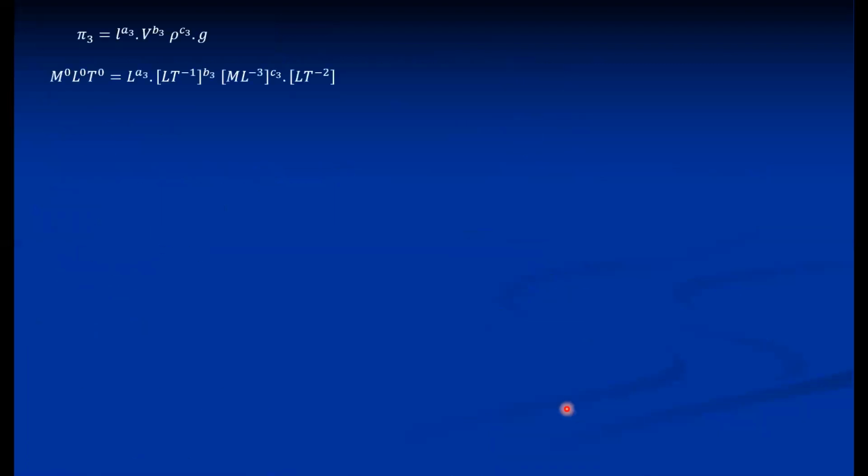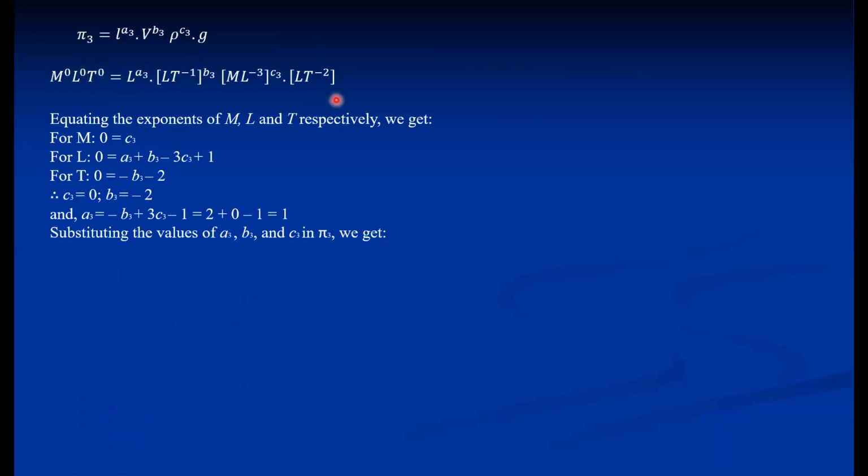Then the pi 3 term, we can again solve similarly. We can write the expressions of pi 3, then dimensions of each parameter, then equating the exponents m, l, t respectively. First of all, you equate the power of m, then t, then l. If you follow this sequence, you'll get the constants easily. That is, in this case, A3, B3, and C3.